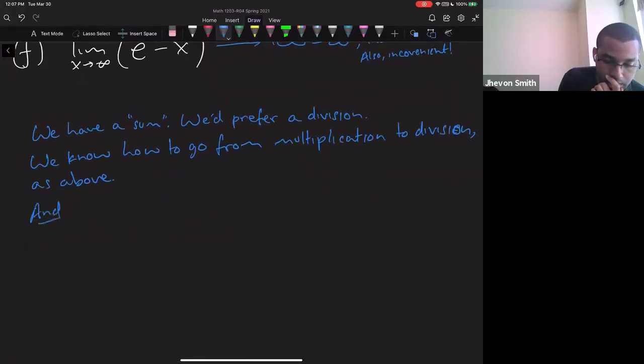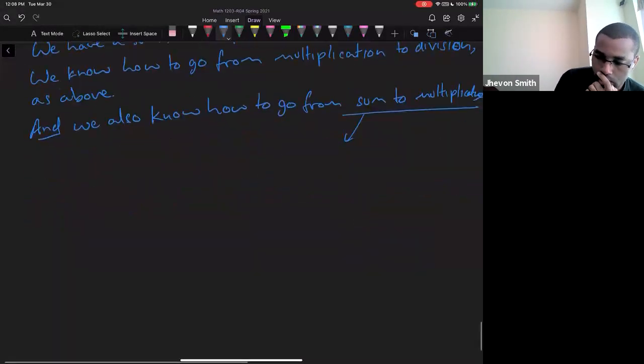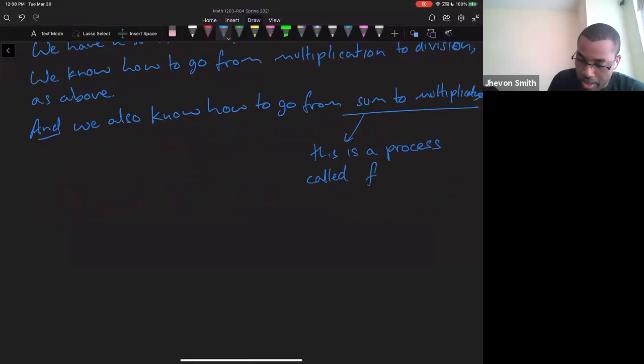And believe it or not, we also know how to go from sum to multiplication. This is a process called, very strange name, not sure if you guys ever heard of it, factoring. That's literally what factoring is, going from a sum to a product.